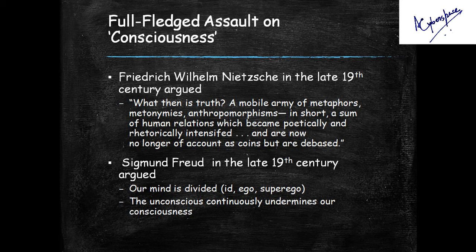So he is actually challenging the way in which we understand something to be true. What is truth? Truth is a mobile army of metaphors, metonymies, anthropomorphisms, nothing else. So truth would vary from person to person, from age to age, from one ideology to another.